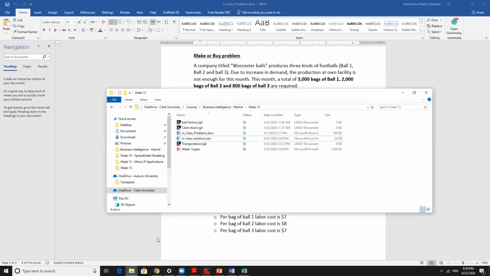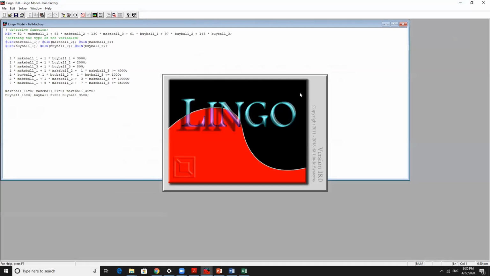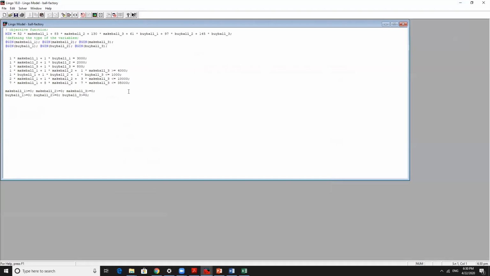Having said that, let me just open the Lingo file. Again, as you see, I put some comments. The objective function, we want to minimize whatever we either make or buy. Some of them could be 0.